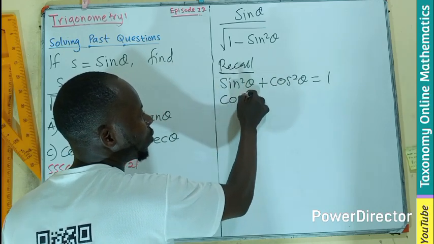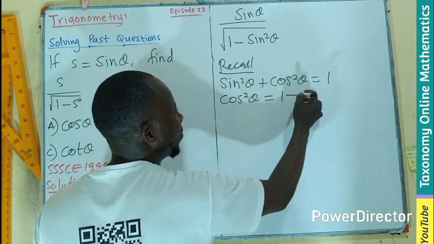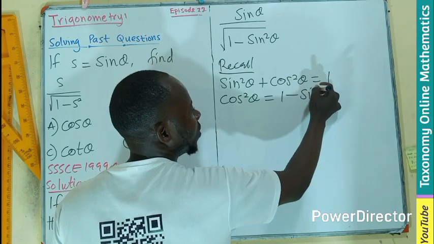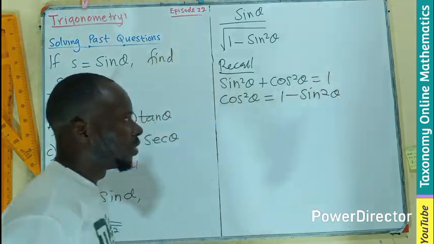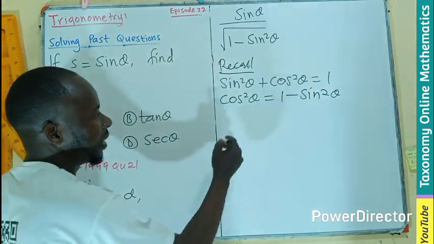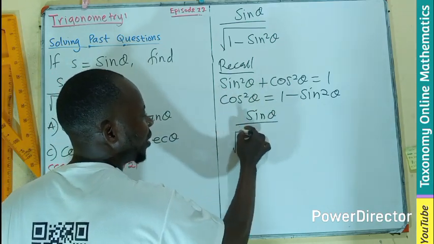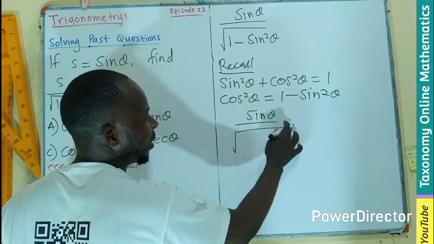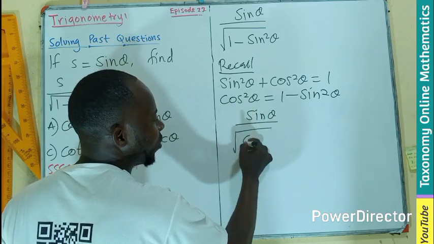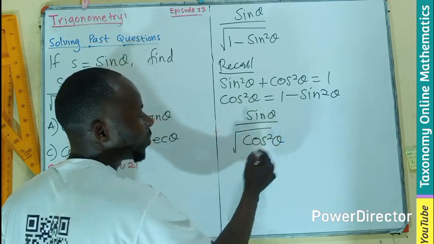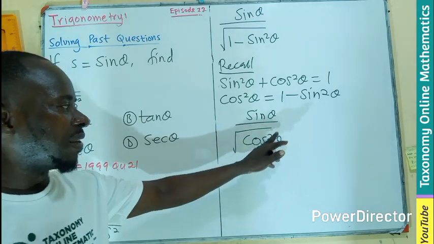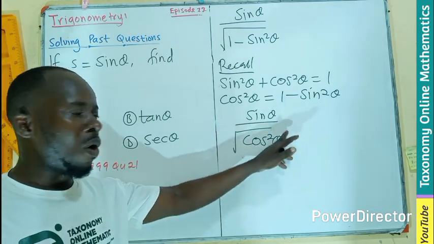So cos squared theta will be equal to 1 minus sine squared theta. So I'm going to change this one here to become sine theta over the root of cos squared theta. The square here is affecting the cos theta all along.